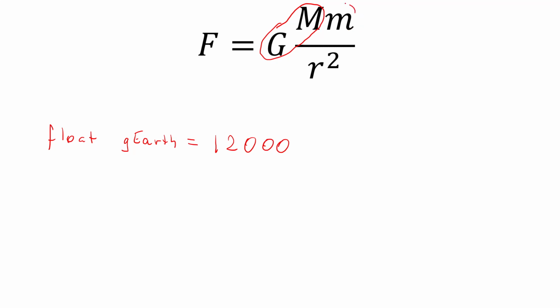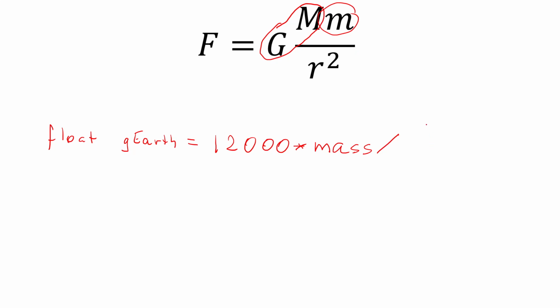Next part is the small m. Okay, that's the mass of the rocket, so it will be times m. M is, no, we actually called it mass in our code. That's the variable that we have already calculated, the mass of the rocket. Now, division in C++ must look like this.